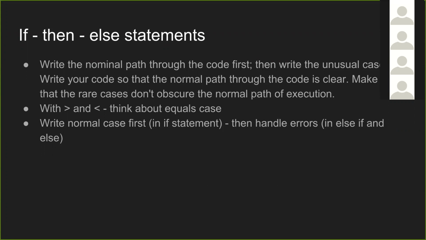So if you have a method that returns a status, that can be an error or something else, then first handle the normal case, like the successful return value, and then handle the errors.